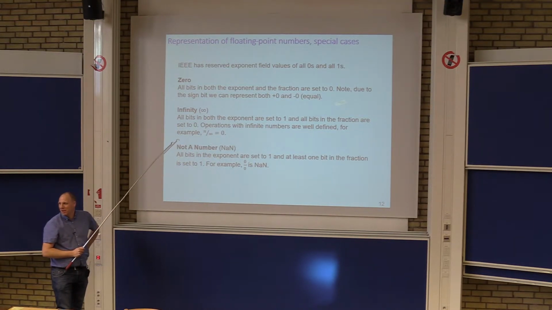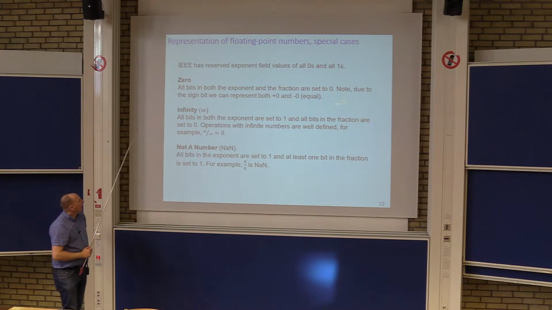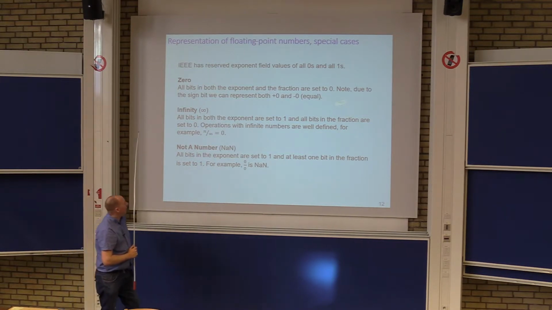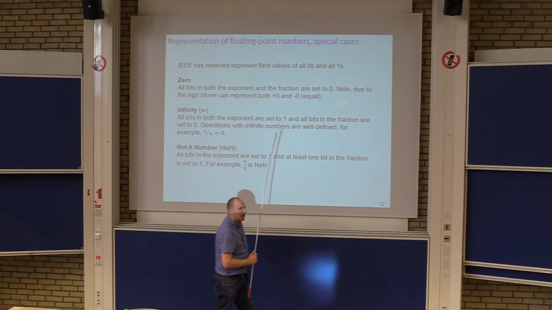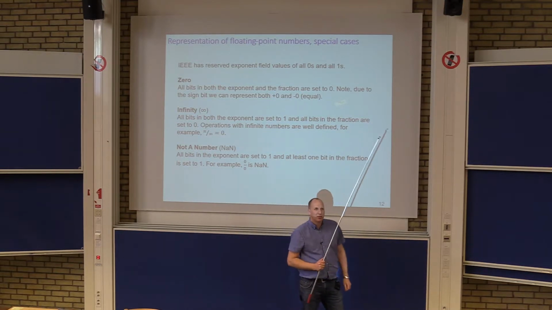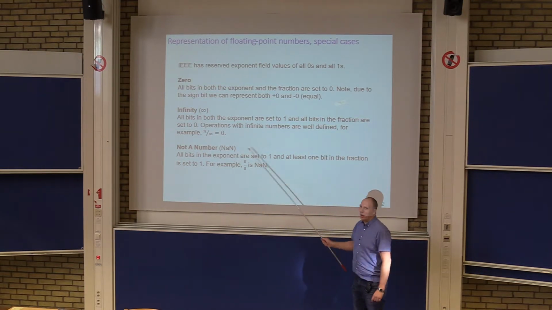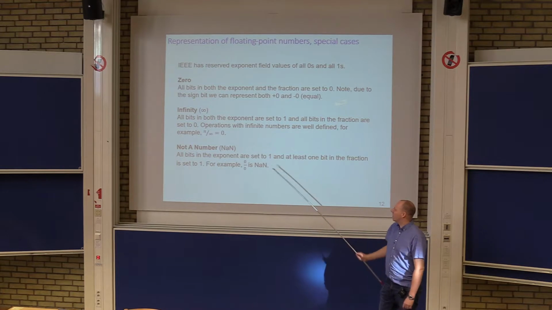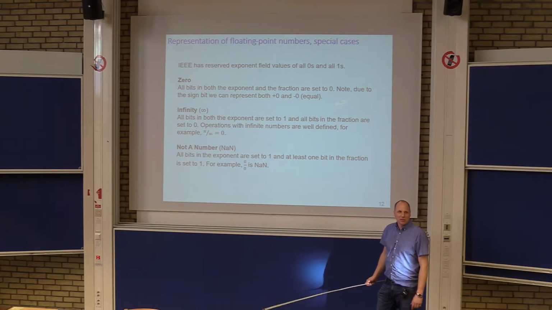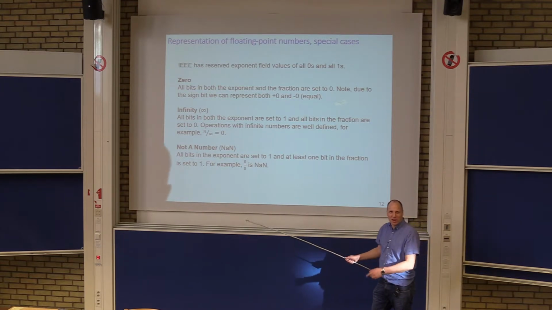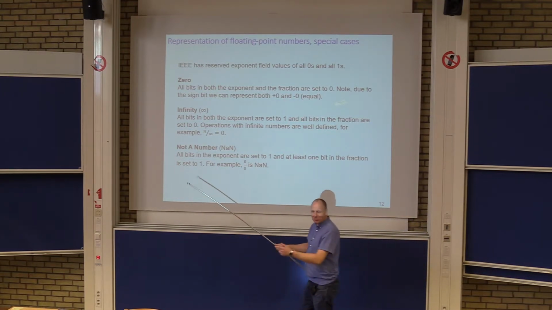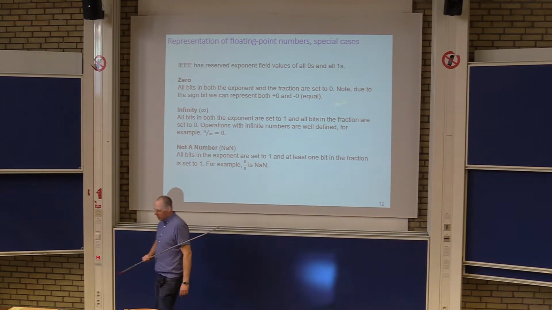So you will get infinity in this case. There is also a way to represent if the result is not well defined. So then you can get not a number. So for example, if you divide 0 by 0, then this will internally be stored as a not a number. So if you continue to do calculations, it will continue to be not a number.